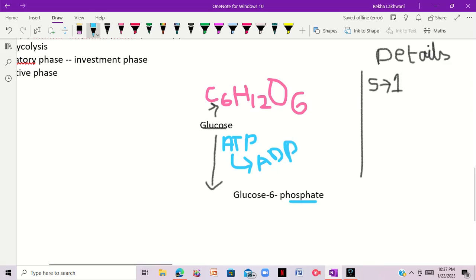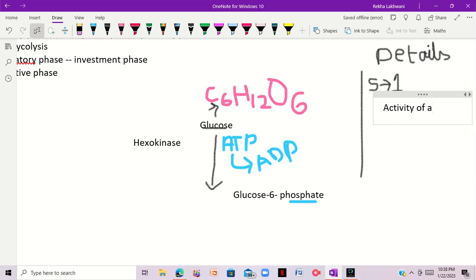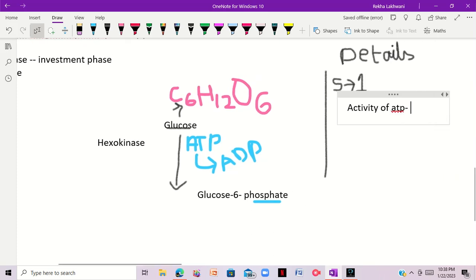The enzyme used to do this is hexokinase. Remember one thing: whenever there is activity of ATP, we will use the enzyme kinase, right?